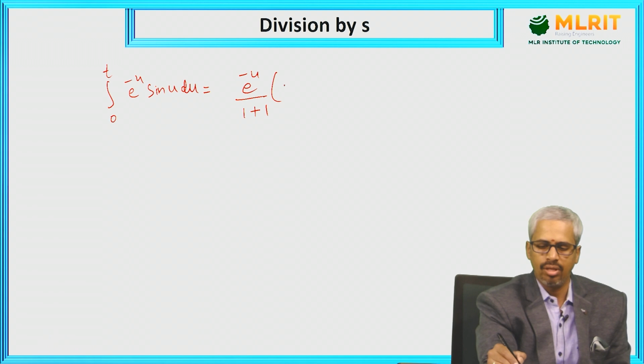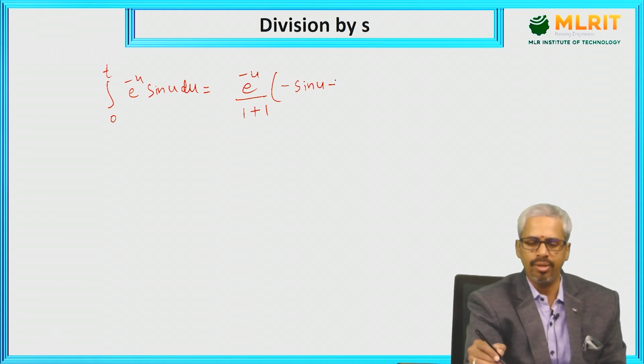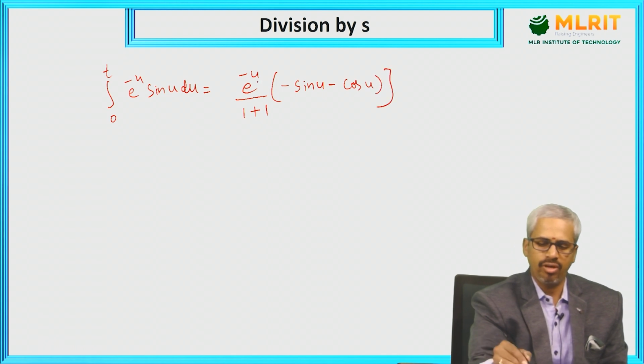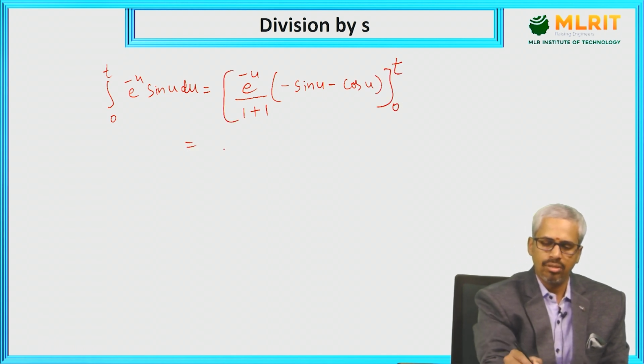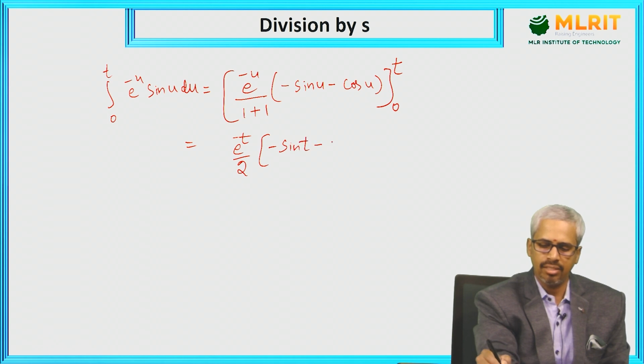Minus 1, minus sin u, minus b cos bu. B means 1 into cos u. For this, we apply the limits 0 to t. So, upper limit u equal to t: e power minus t by 2 into (minus sin t minus cos t). This is upper limit.